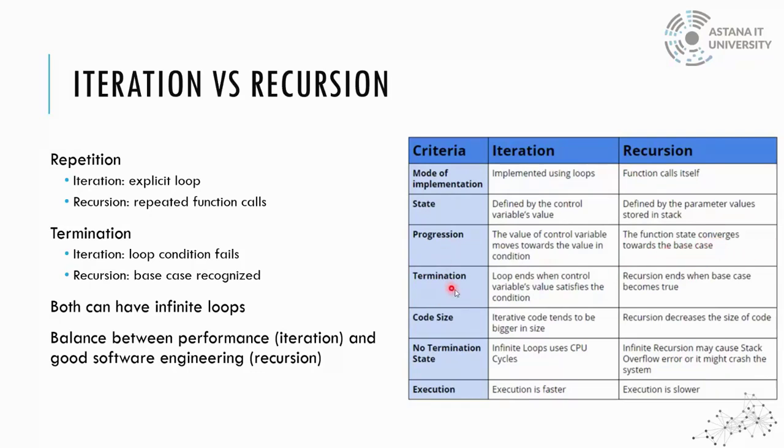The termination occurs when a loop condition fails, here, when the base case is recognized. The code size: iterative code tends to be bigger, of course, and recursion decreases the size of code. With no termination state, infinite loops use CPU cycles, while infinite recursion may cause stack overflow. And the execution is much faster in the iteration and slower in the recursion.